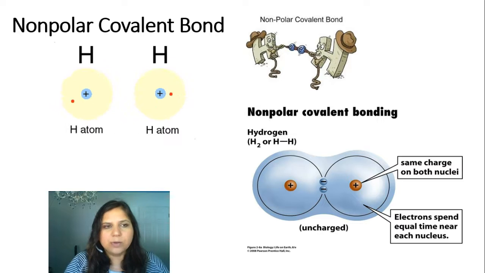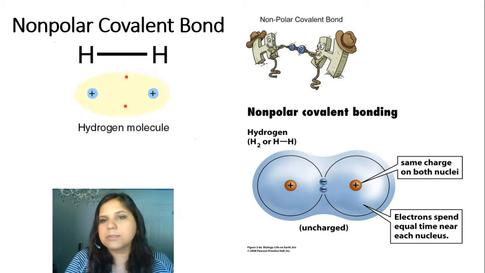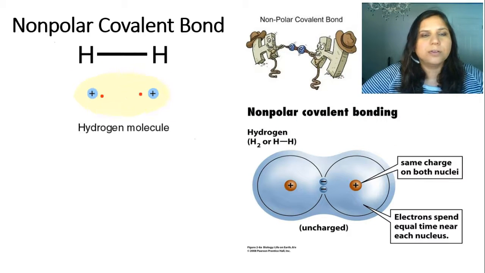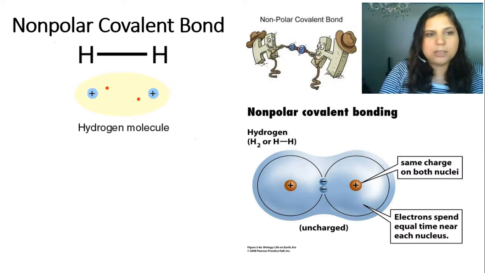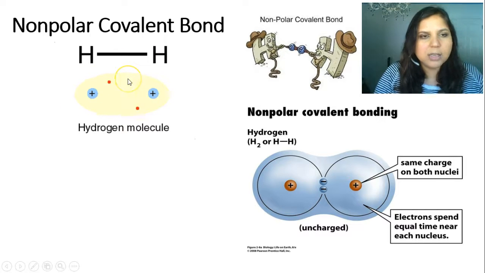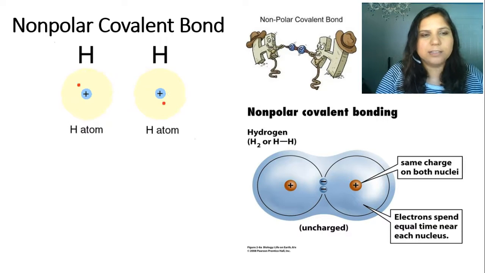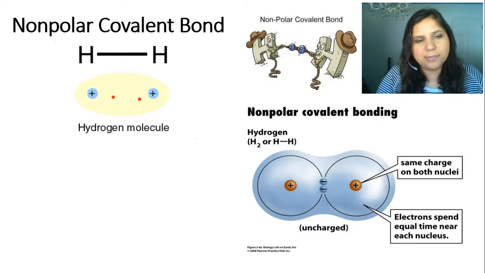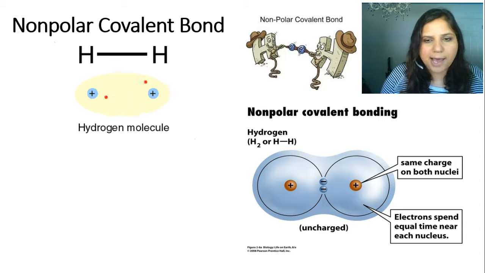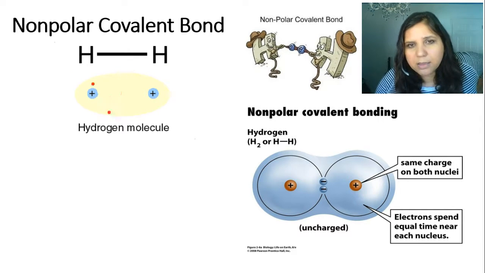Let's go over each one of those in terms of whether they share, because we didn't write that down. First one, nonpolar covalent. You have this example of hydrogen. Both have one valence electron. It's much easier for them to just share that one valence electron with another hydrogen atom, and then they both have a stable electron configuration like helium.